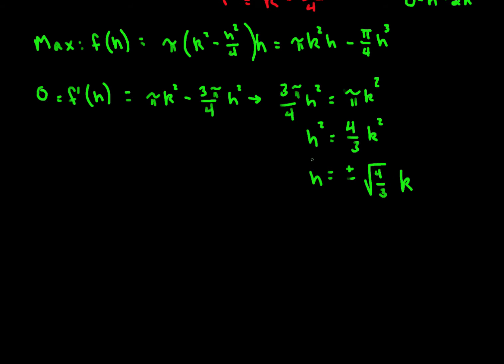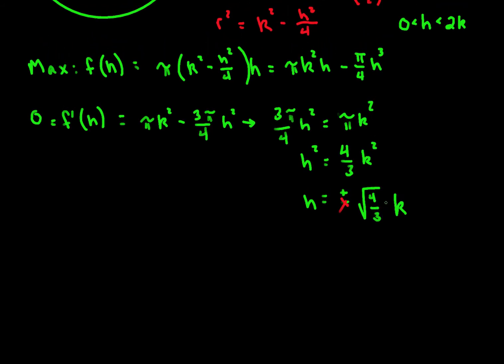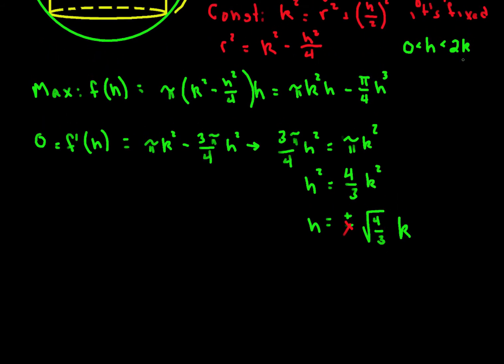Okay, well, we can throw out the minus, right? Because the height in our problem can't be negative. And so we're left with root 4/3 k, which is definitely less than 2k. So we're in the domain. We only have one critical value, which is simply the square root of 4/3 times k.